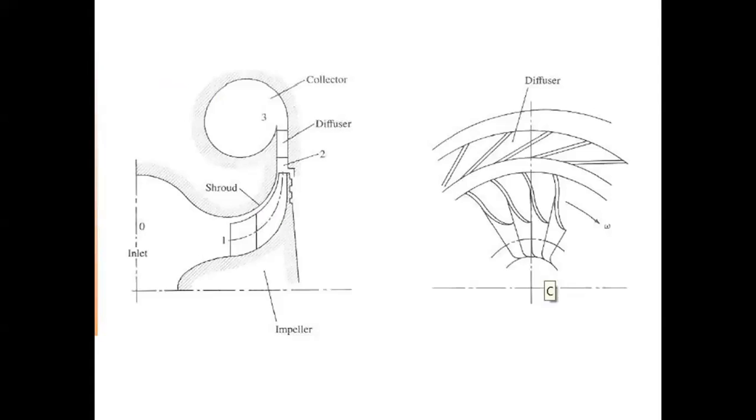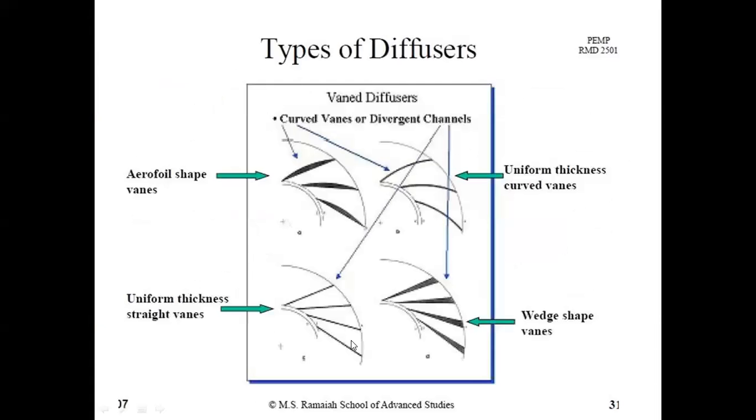So see this is the diffuser here, this is the casing, shroud, impeller and inlet. This is part of the compressor.